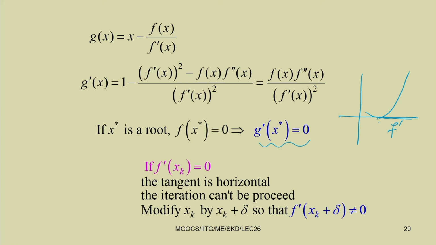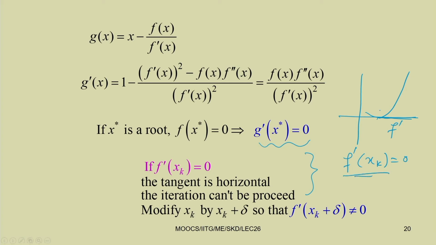If it is horizontal, then we cannot proceed with the iteration. In that case, we have to modify the point x_k. So, if our f'(x_k) equal to 0, then f'(x_k) is nothing but the tangent to the curve.